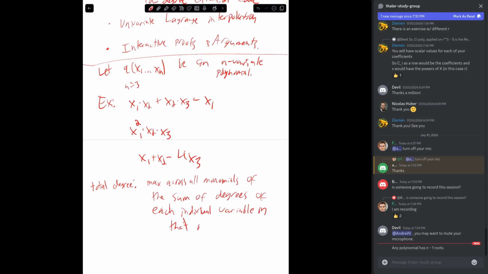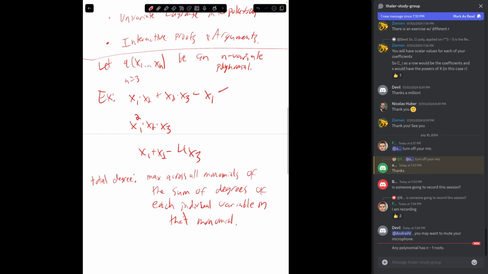Okay, so coming up to these examples, this would be total degree. This thing has total degree 2, because this term has total degree 2, since it has degree 1 in x1 and degree 1 in x2, and 1 plus 1 is 2. This term also has total degree 2.